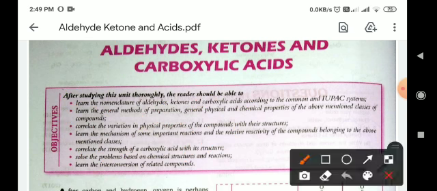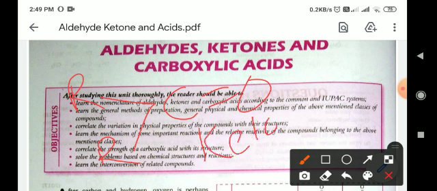Second, if in this carbonyl group both free valencies have alkyl groups, then it is known as a ketone. So in aldehyde there was one alkyl group and one hydrogen, but in ketones two alkyl groups are attached to the carbonyl group.